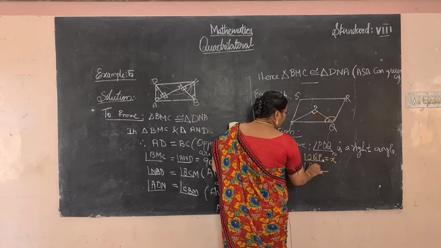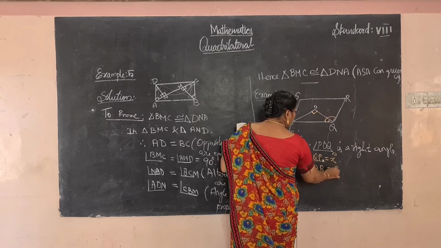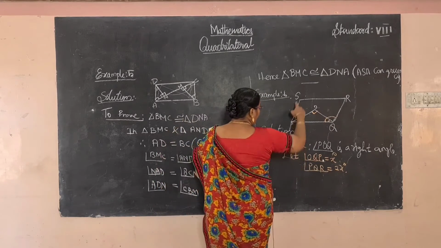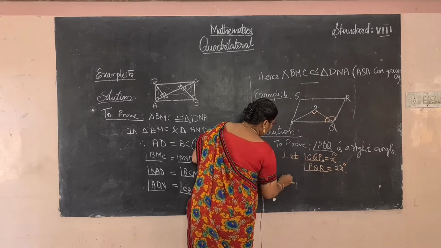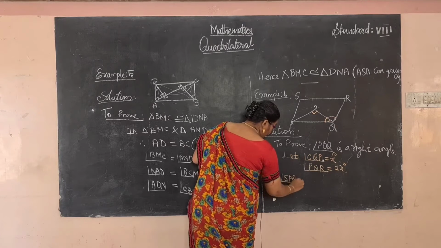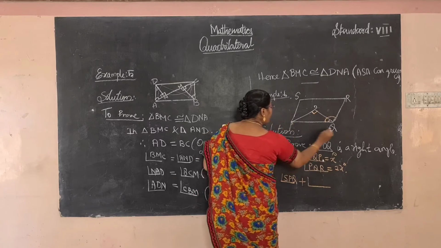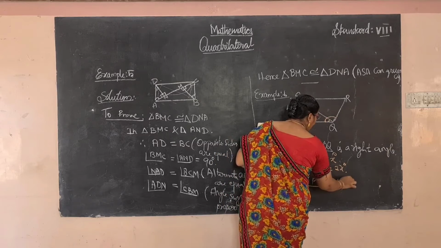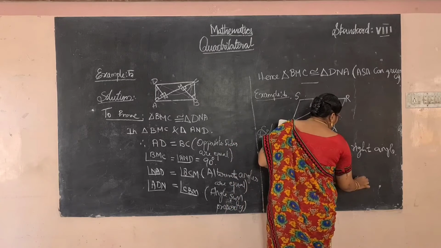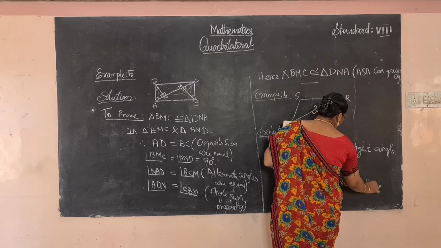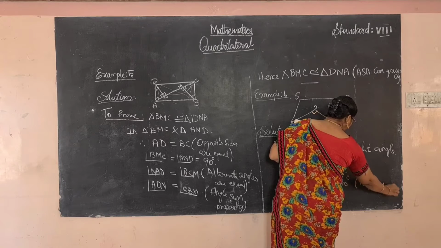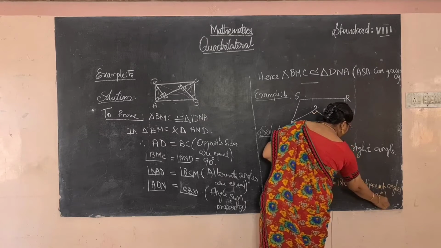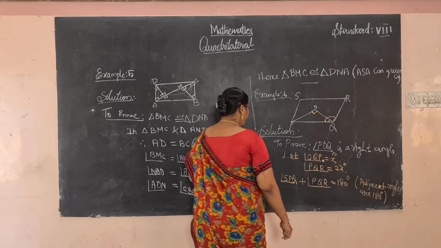So angle PQR is equal to 2x degrees. Now angle SPQ plus angle PQR is equal to 180 degrees. Why? Because adjacent angles sum to 180 degrees.